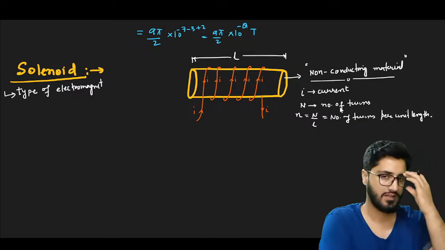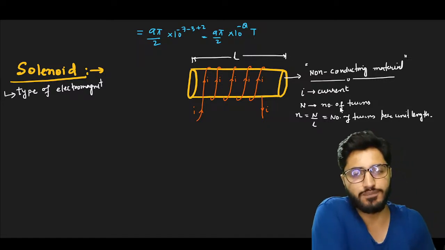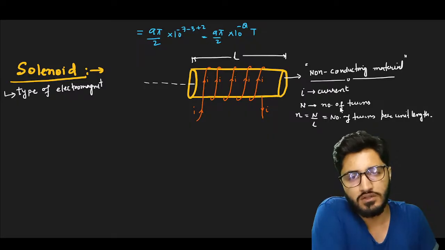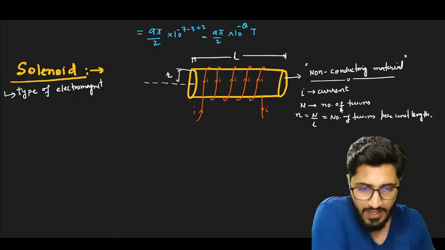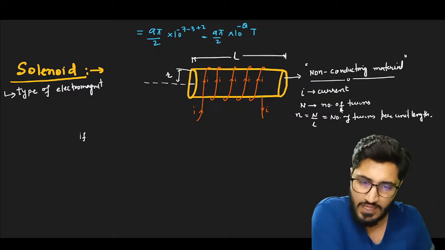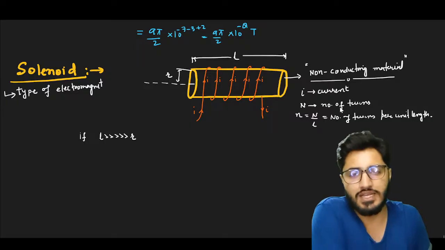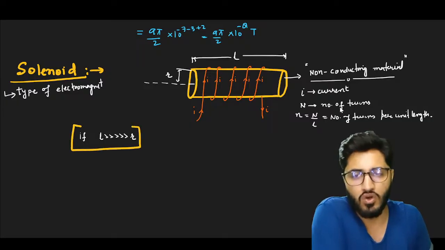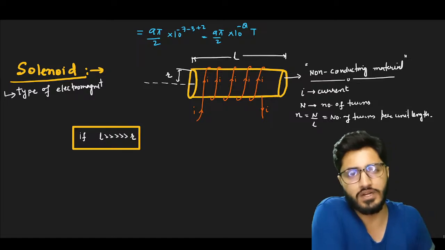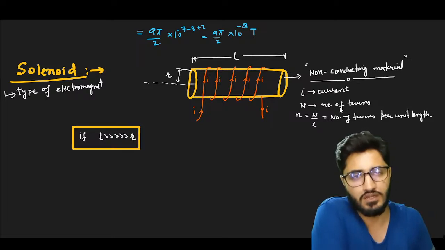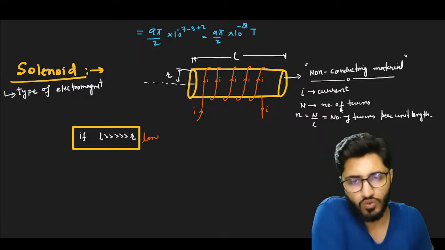Look now. Suppose the radius of this non-conducting material is small r, and suppose the length is more than r, that means a very long solenoid. So you can write a long solenoid.